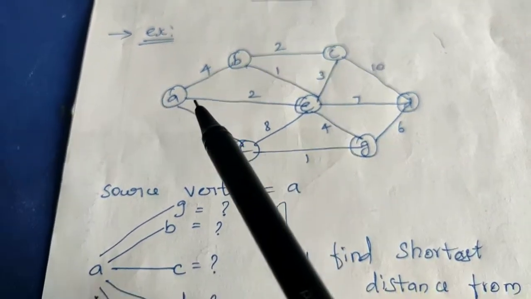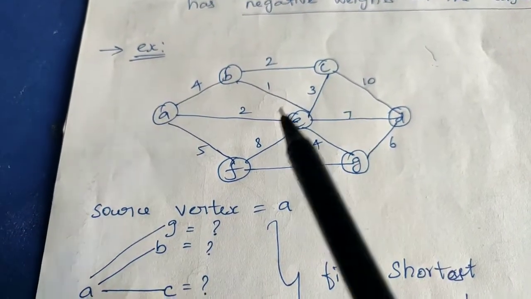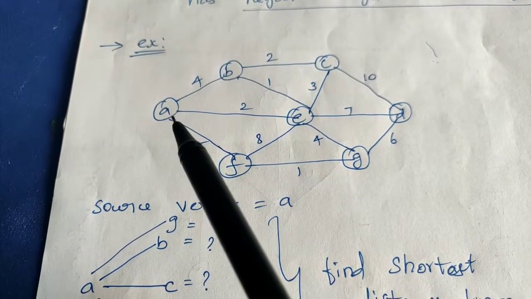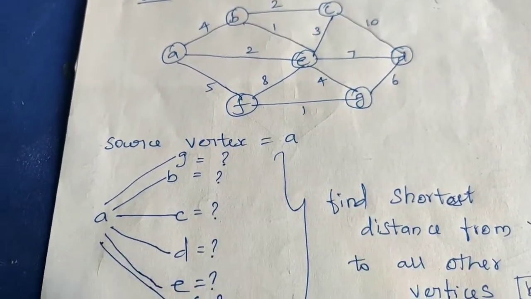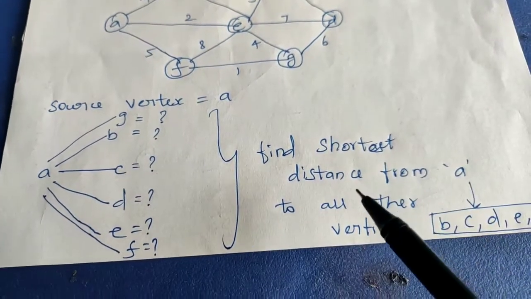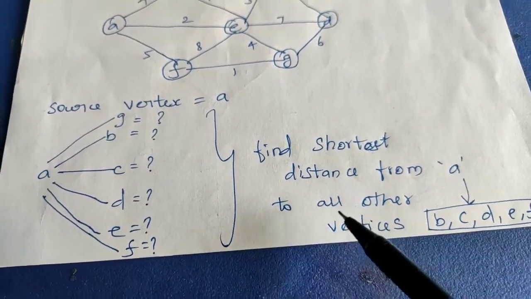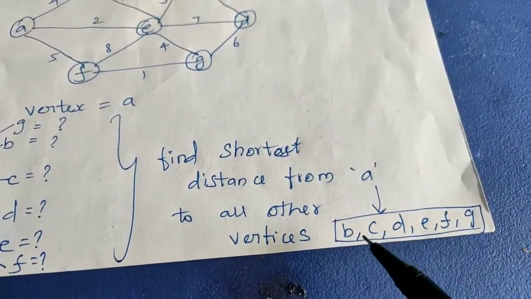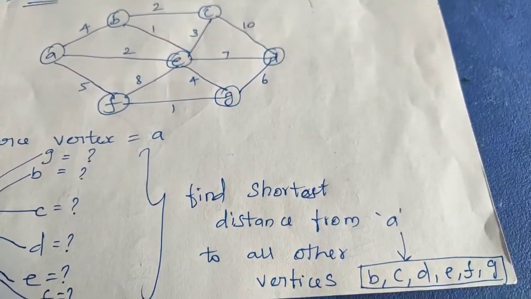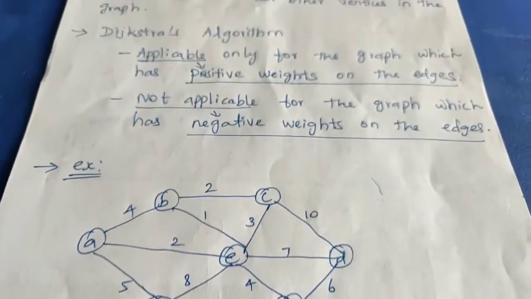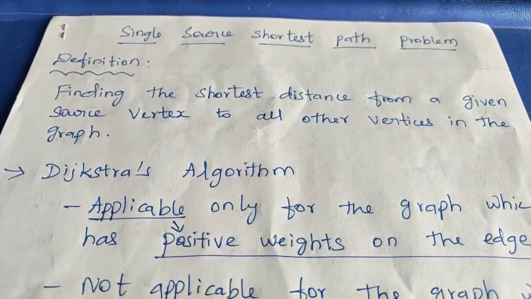So try to visit all the other vertices from the given source vertex with the minimum distance, directly or indirectly. Find the shortest distance from A to all the other vertices, that is B, C, D, E, F, G. This is the concept of Dijkstra's algorithm.